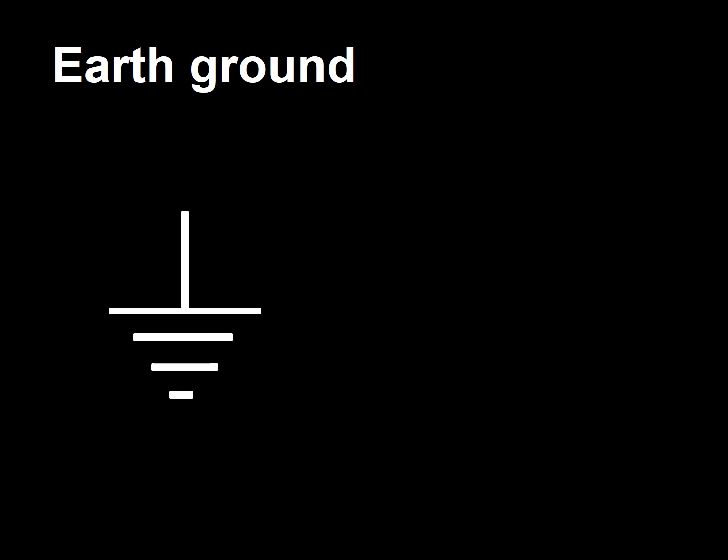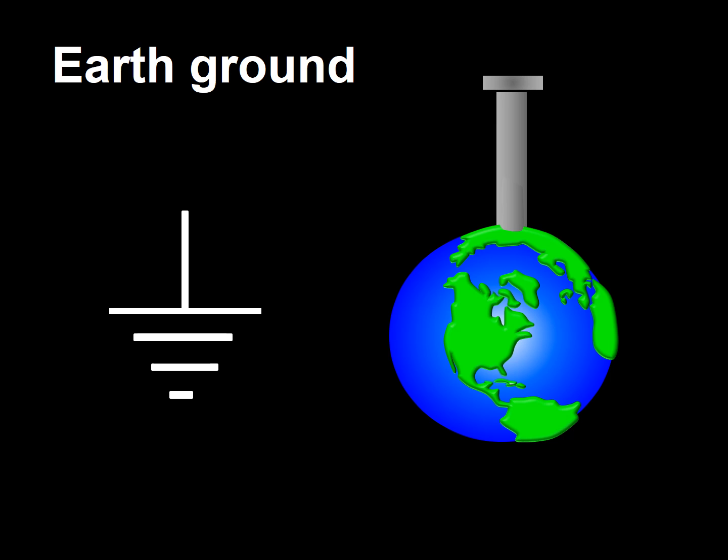The symbol for earth ground is a vertical line with progressively smaller horizontal lines, as you can see in this frame. Earth grounding of an amplifier consists of connecting one of the input pins of the amplifier through a wire to a metal rod that is interred in the earth.